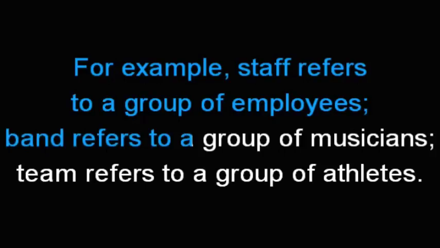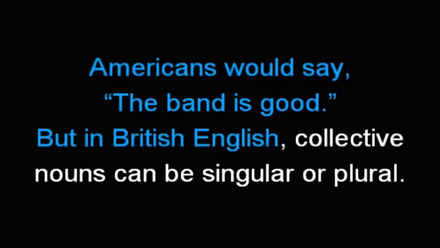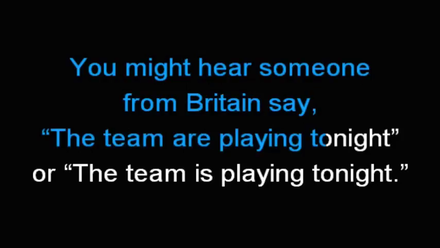Band refers to a group of musicians. Team refers to a group of athletes. Americans would say, "The band is good." But in British English, collective nouns can be singular or plural. You might hear someone from Britain say, "The team are playing tonight," or "The team is playing tonight."